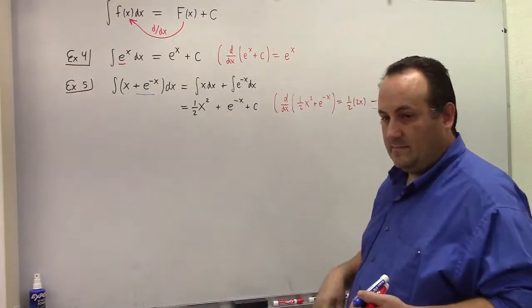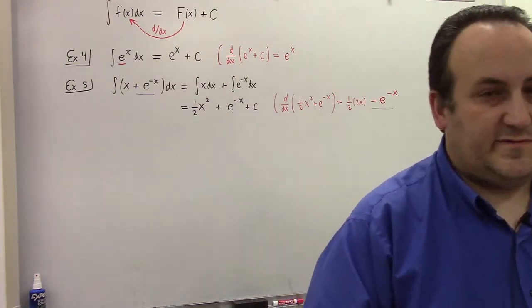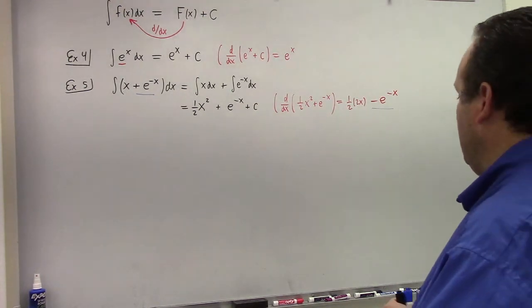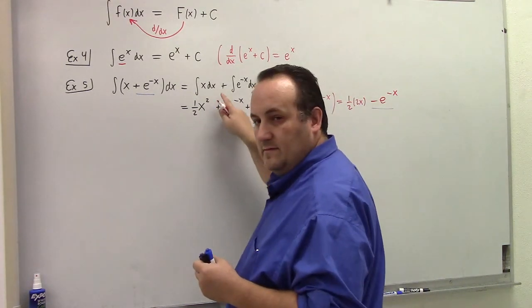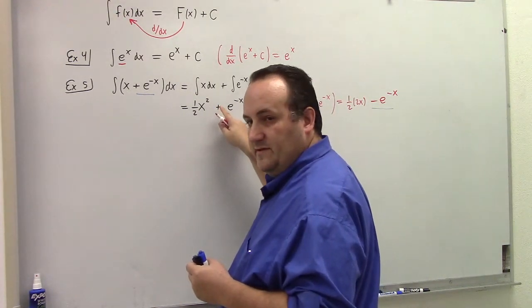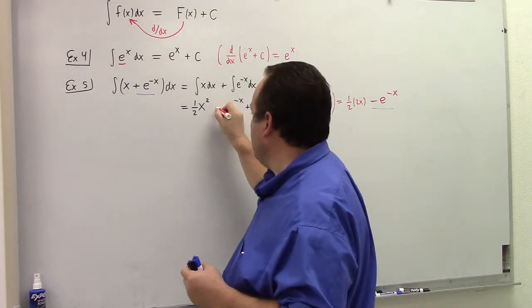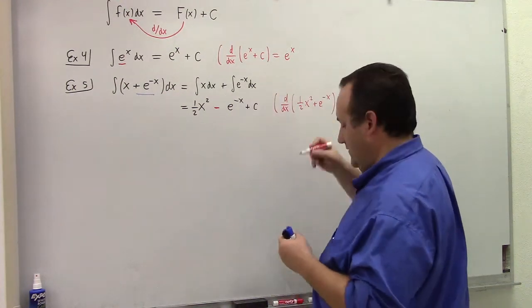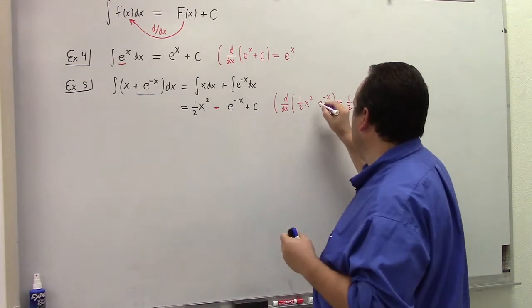How can we fix it? It's very simple to fix. Instead of putting a plus here, put a minus. See that? If we put a minus here, that puts a minus here. I'll do it in purple, right?